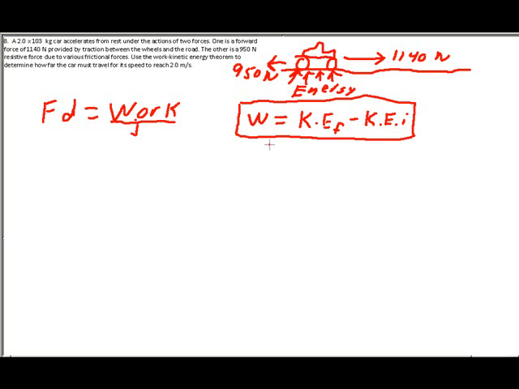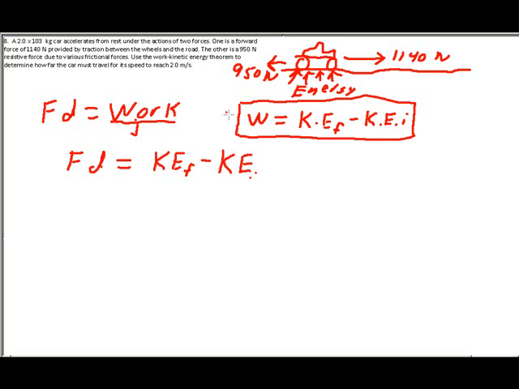And that amount of energy is the amount of work that you've done. And so as you might start to realize, the force applied times the distance is going to equal the kinetic energy final minus the kinetic energy initial.